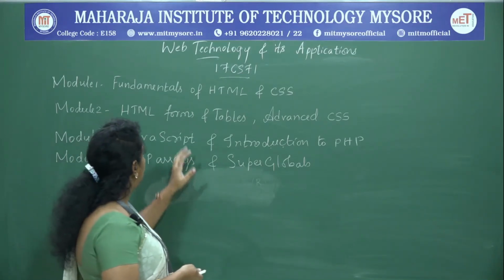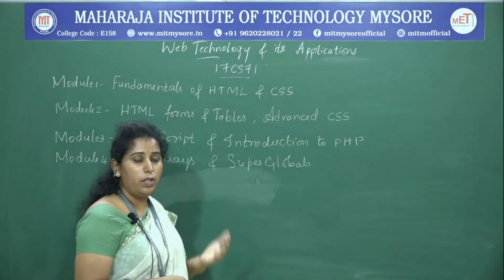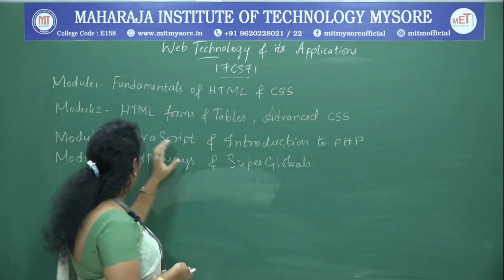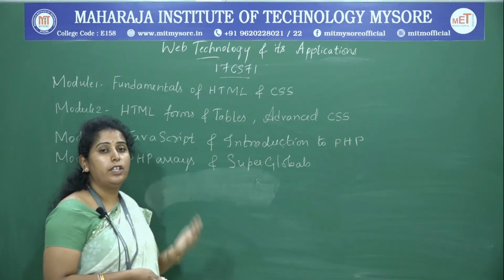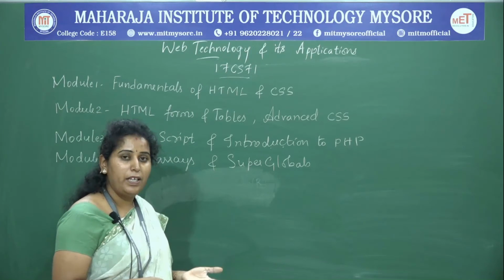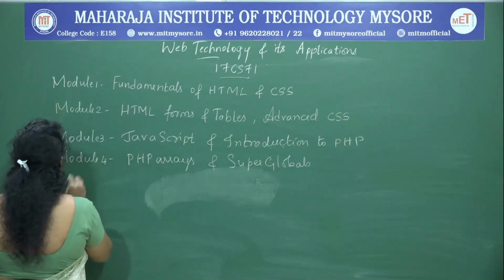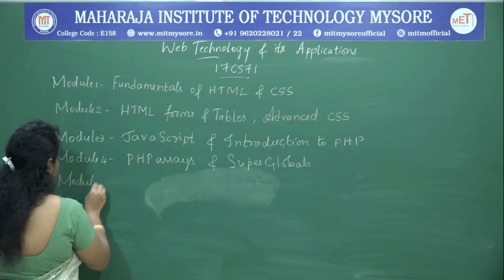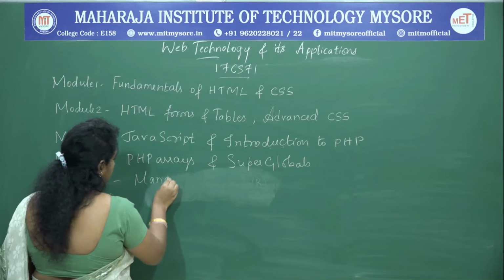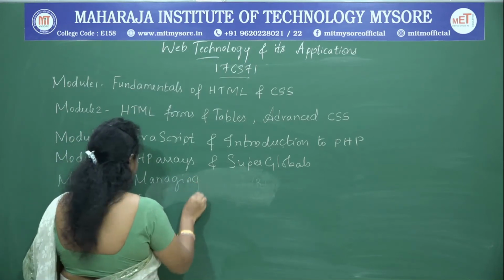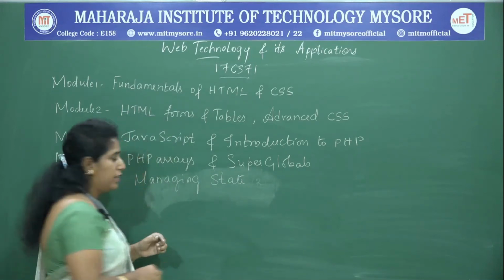So finally, once you finish module 1 and module 2, you will have the knowledge of developing a web page. By learning module 3 and module 4, you will have the knowledge of developing a dynamic web page. Let us move on to the next one, module 5, that is about managing state.